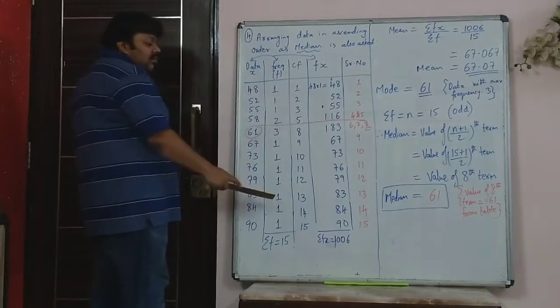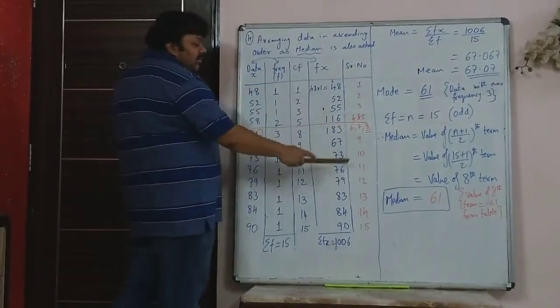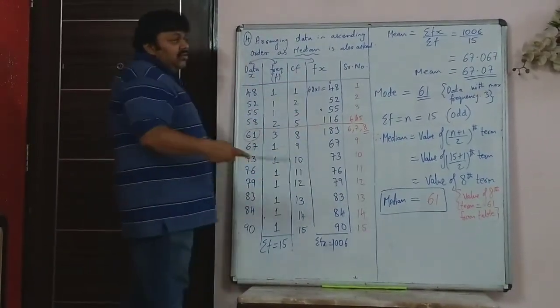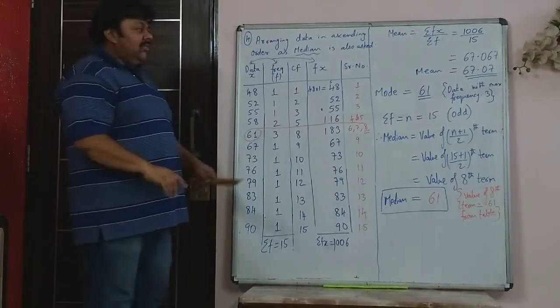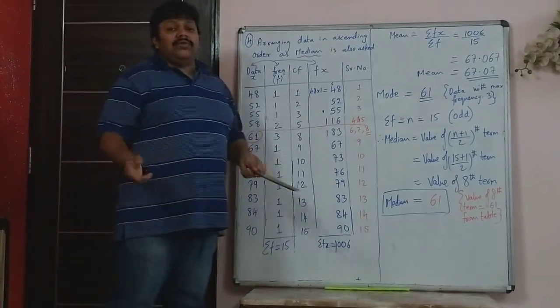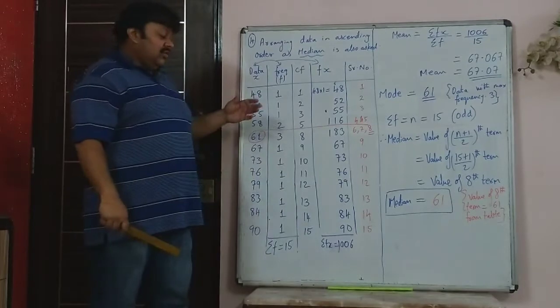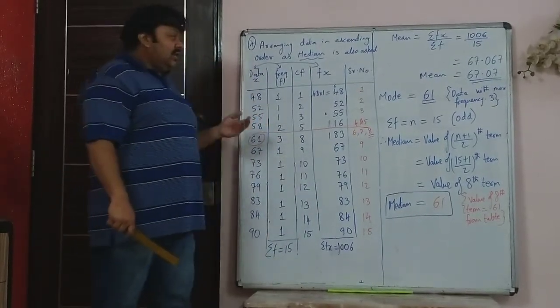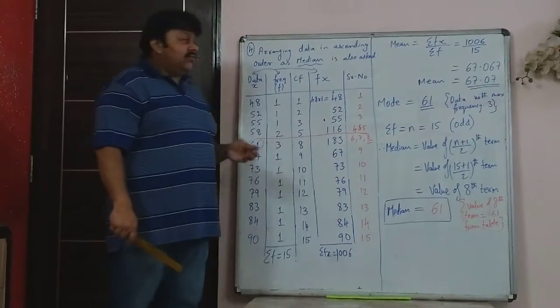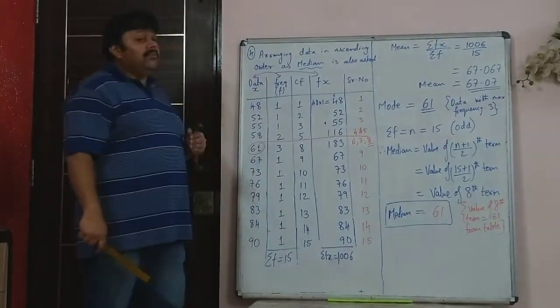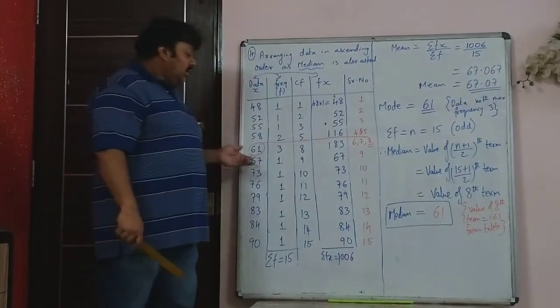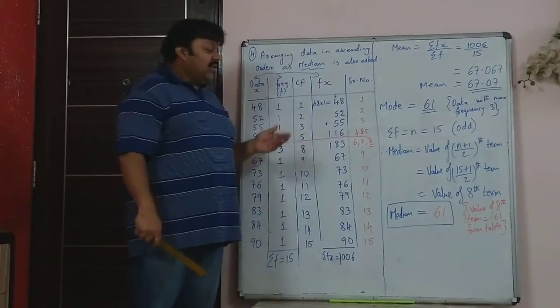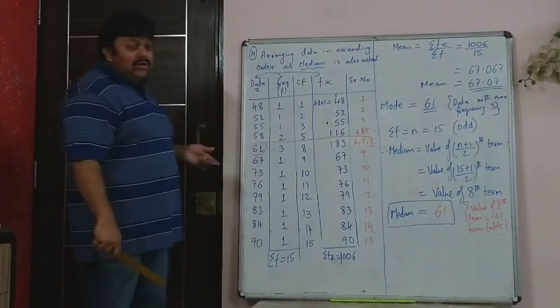Then we are writing the cumulative frequency and the serial numbers, because like I told you in the previous example, based on the serial number I will have to find the median. Of course, sigma f will give us the value of n. After you find n or sigma f, you will have to find the median value by using the formula for odd or even.